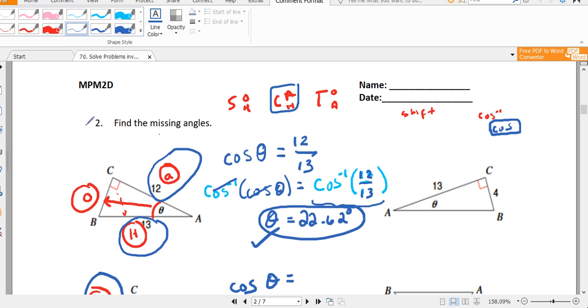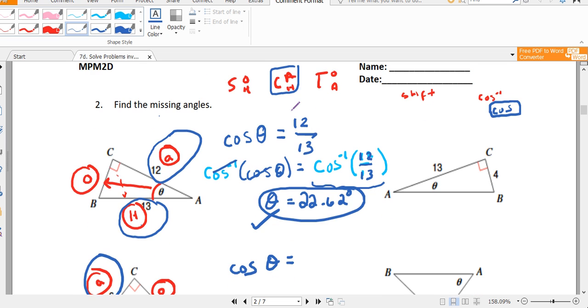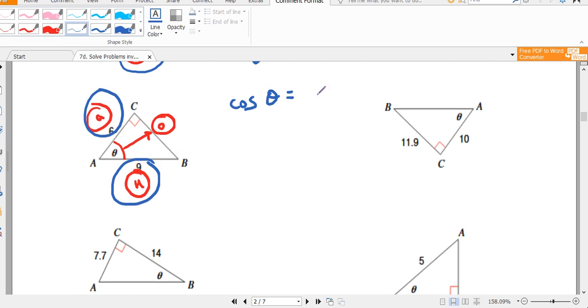What is cos again? Cos is A over H. So cos of theta is A, which is my 6, over H, which is my 9. Now, I need to find the angle, right? Which means I need to find the inverse on both sides. Cos inverse, cos inverse.